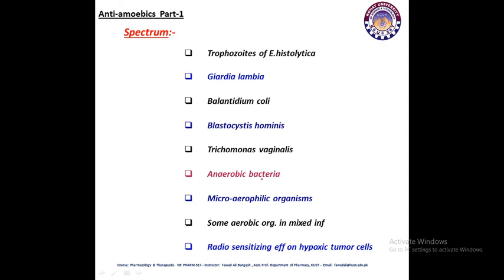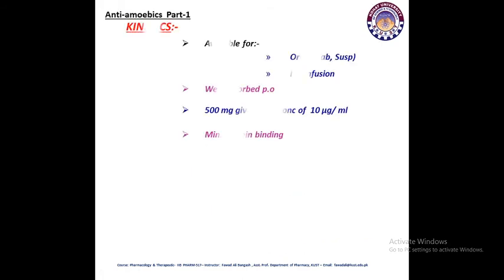They're important because in most dental preparations, Flagyl or metronidazole is prescribed because it is effective against the anaerobic bacteria which are present in abundance in the buccal cavity. Also microaerophilic organisms, some aerobic organisms in mixed infection, and a radiosensitizing effect on hypoxic tumor cells.